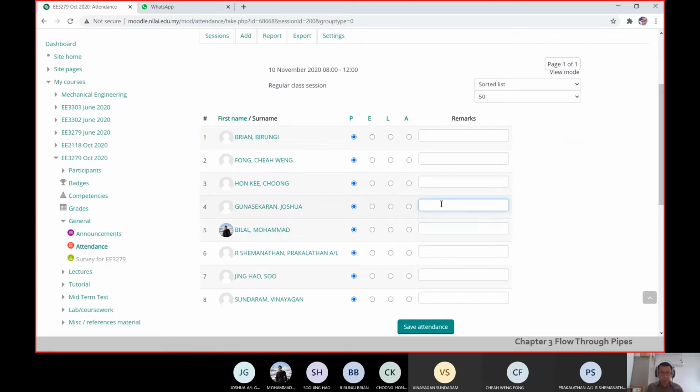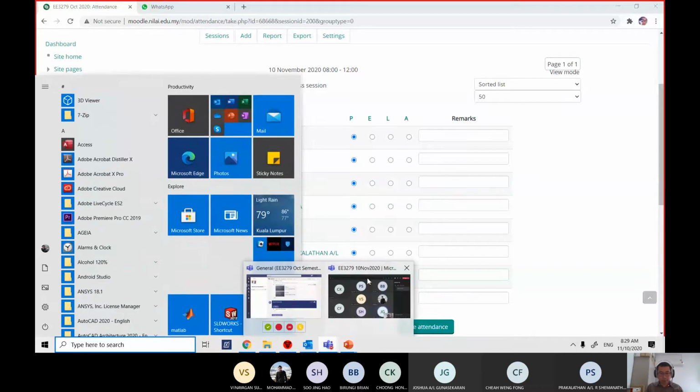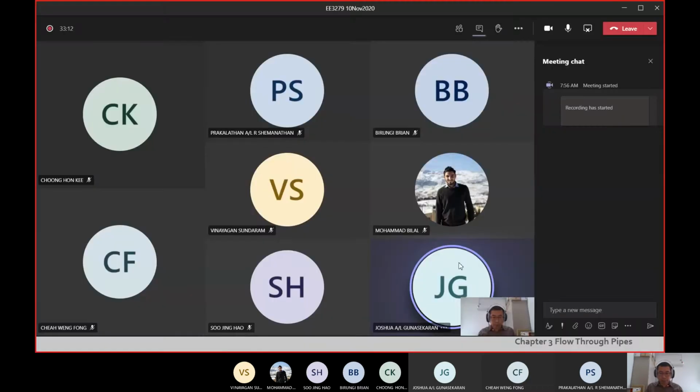Sir, can you see my screen? Nope. You have to press the share option.